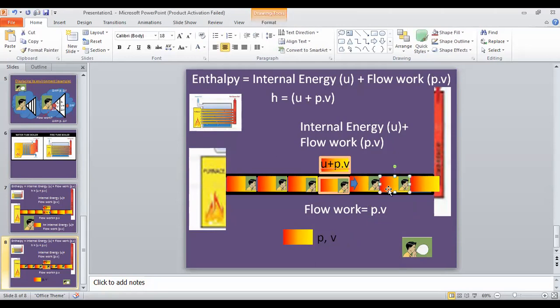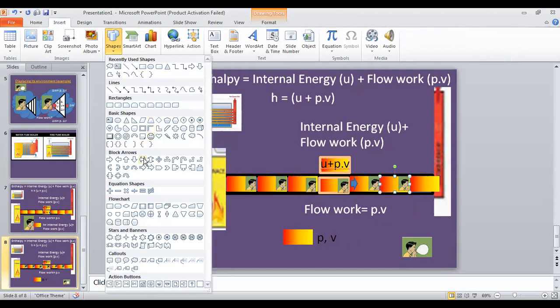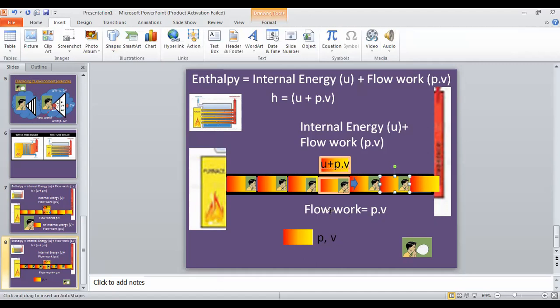So for this particular packet of hot gas, it moves to the next place.